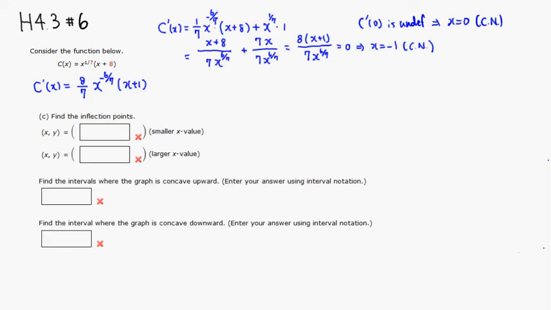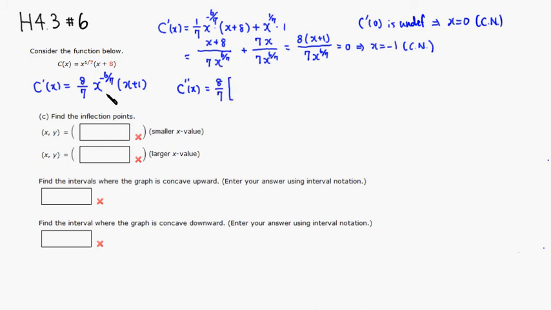Alright, so we want to find the inflection points. We need to take the second derivative, so another derivative. So C double prime of x, and that was the first derivative. 8/7 is just a number, so I'm going to just put it here. Then product rule here.